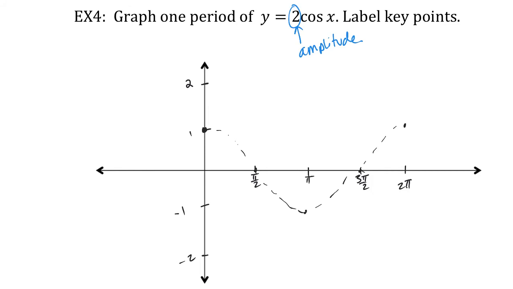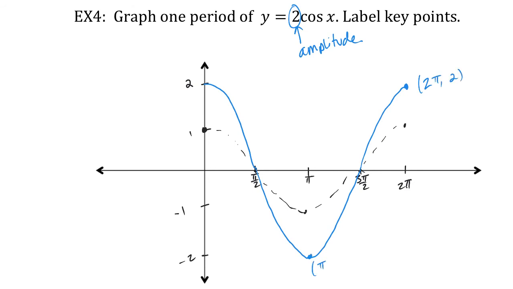But now I've changed the height. It's like a big storm's coming in, right? And our waves are really big. So these points now, instead of at 2 pi, 1, now we're up at 2. And here, instead of being at pi and -1, we're at pi, -2.